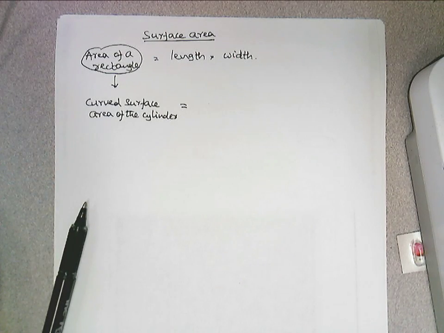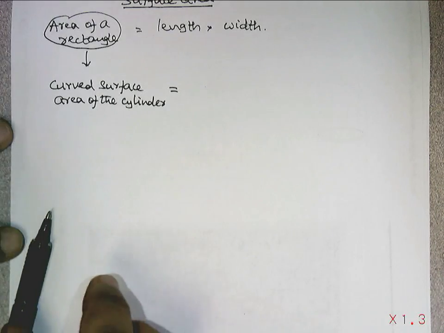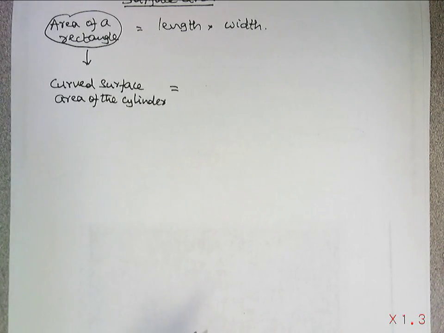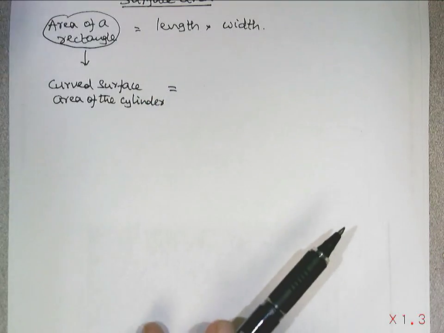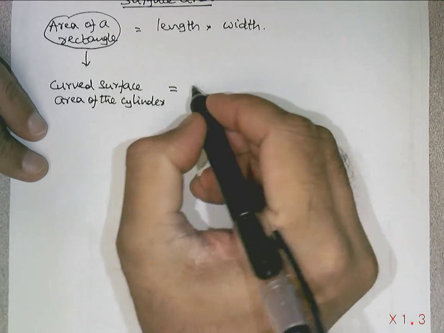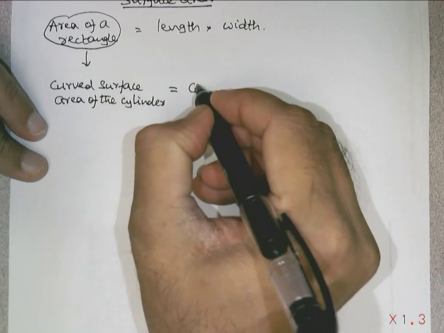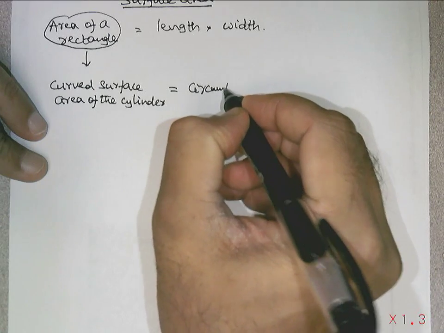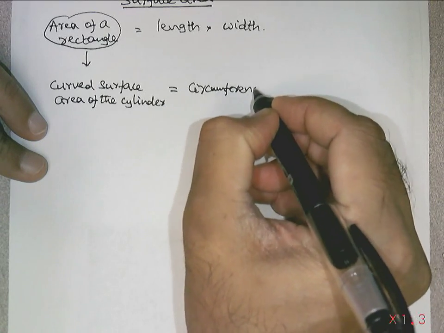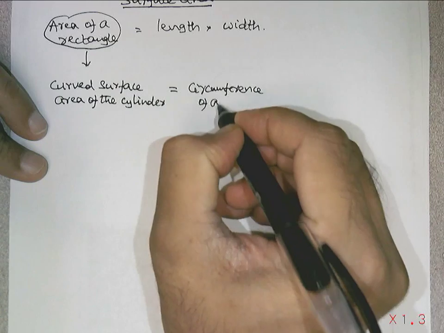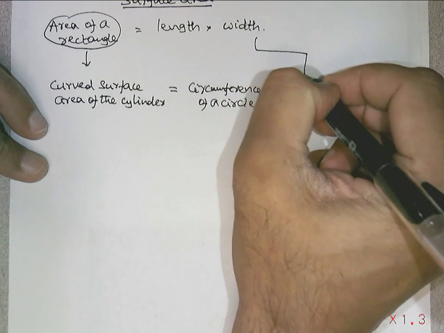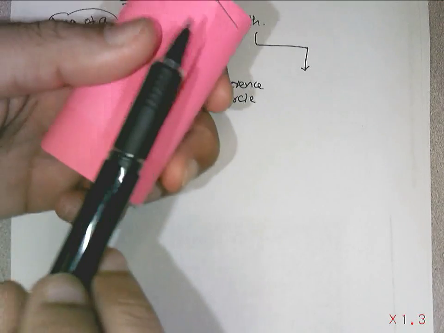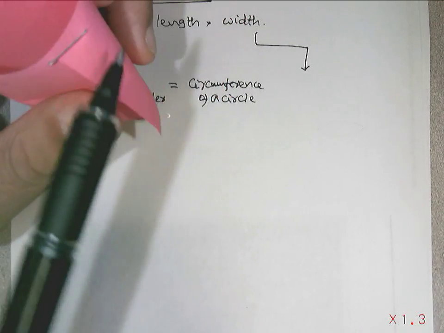So when we take the curved surface area, you have seen that the length becomes a circle, so it is the circumference of a circle. Now this width becomes the height of the cylinder.